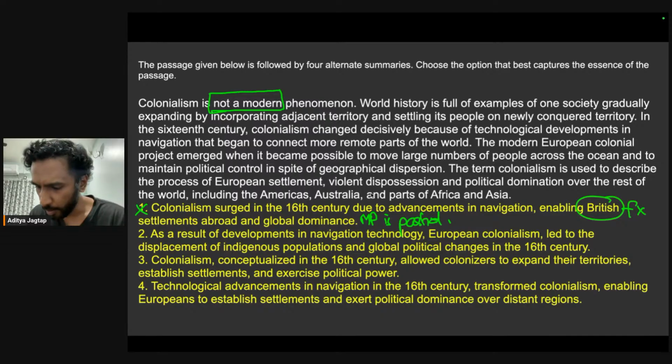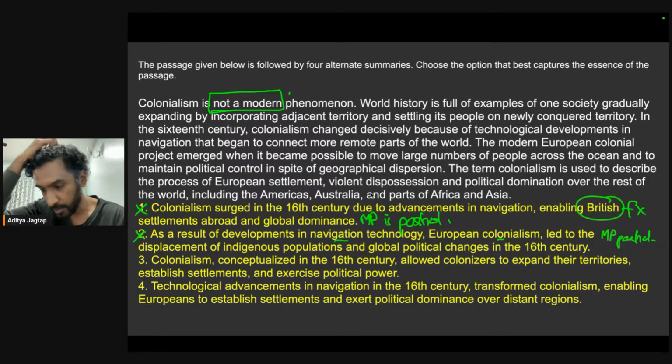Option two also gives the same fact, that navigation technology led European colonialism to displace. But what we are not told exactly is that colonialism changed due to navigation. This is not clear. Also, "not modern" is not mentioned. So two is invalid, main point partial.